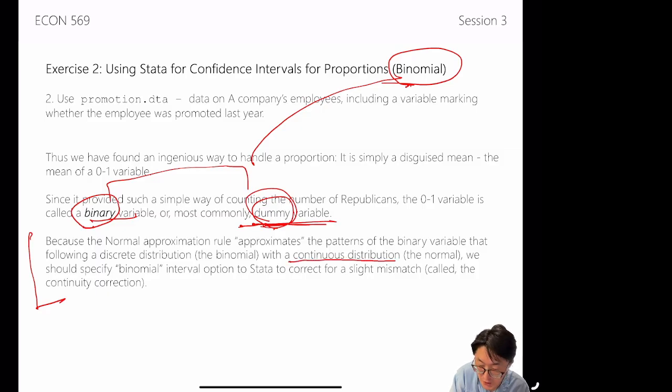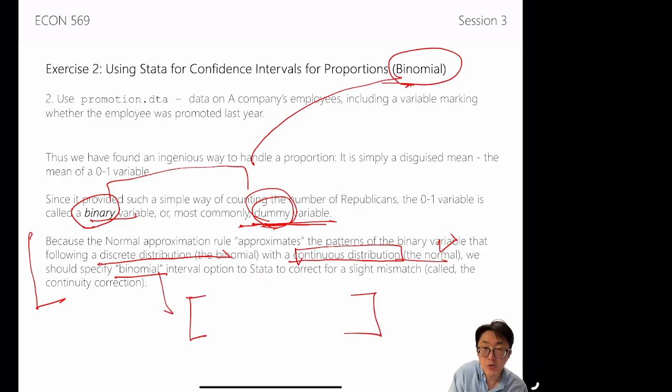If your variable has a continuous distribution, then you use normal. However, if your variable has a discrete distribution like the binary, then you should assign binomial distribution. Why? Because with binomial, you can ensure your confidence interval will be bounded between 0 and 1.